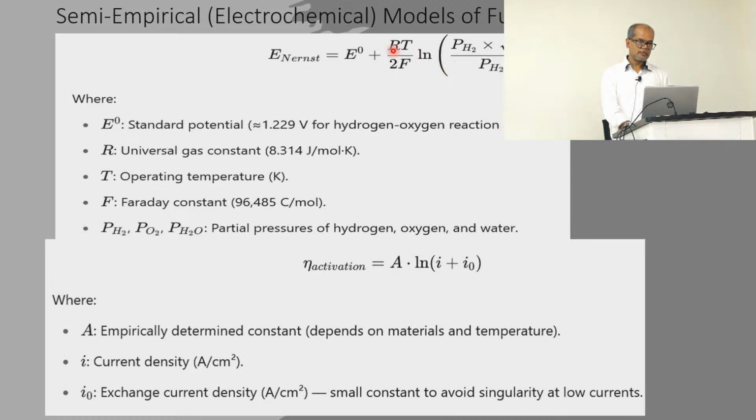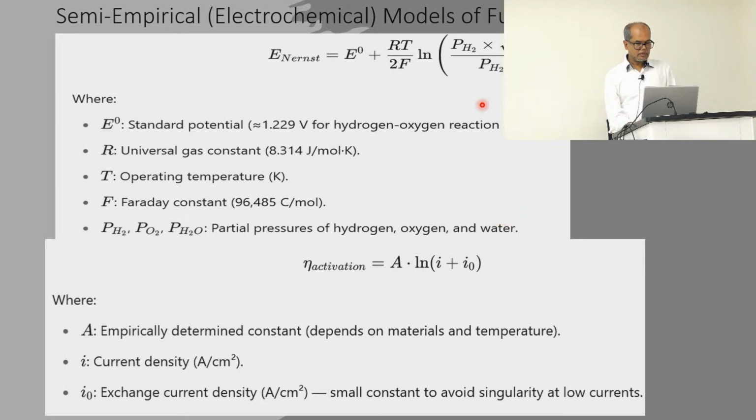You also know R, the universal gas constant, and T, the temperature in Kelvin. If you know it in degrees centigrade, you need to convert to Kelvin by adding 273. F is Faraday's constant, which is also known, and these are the pressure values of hydrogen, oxygen and water.